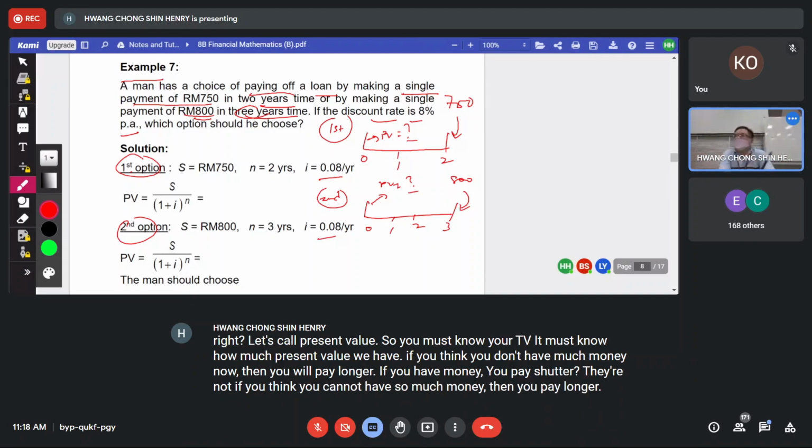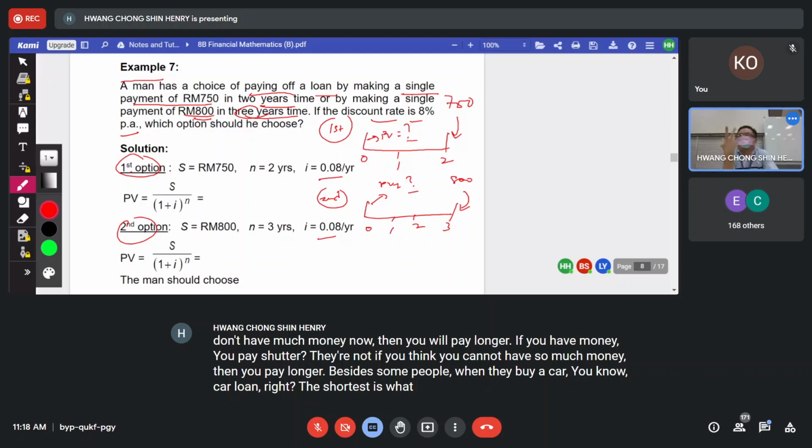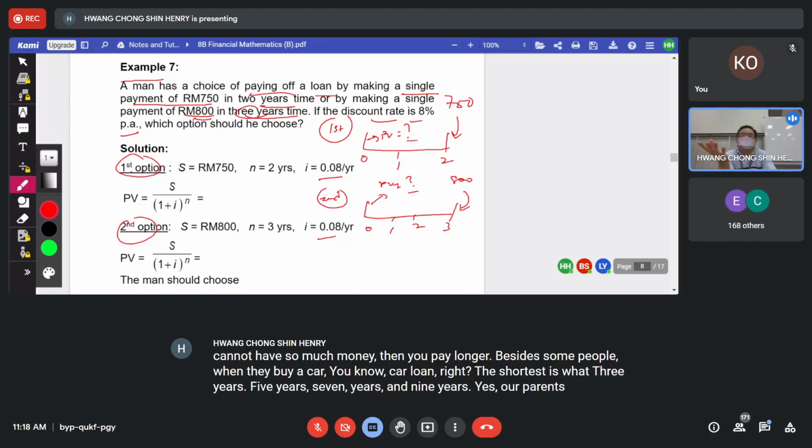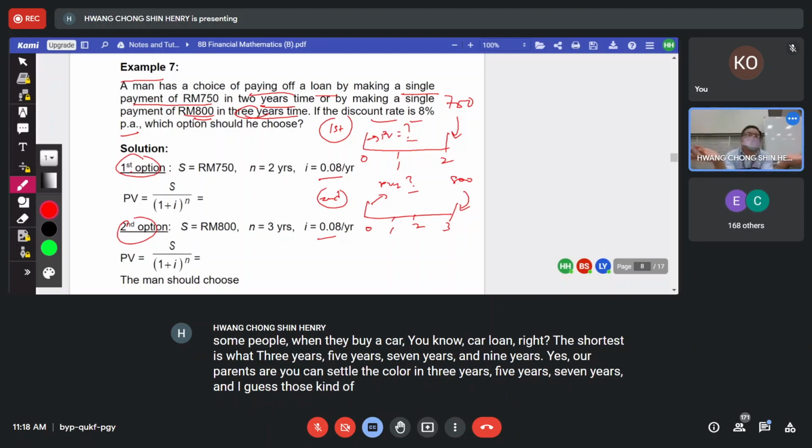That's why some people, when they buy a car, you know car loan, right? The shortest is what? 3 years, 5 years, 7 years, and 9 years. You ask your parents, you can settle the car loan in 3 years, 5 years, 7 years, and 9 years. Those who can afford it, buy cash. Those who cannot, they pay 3 years.